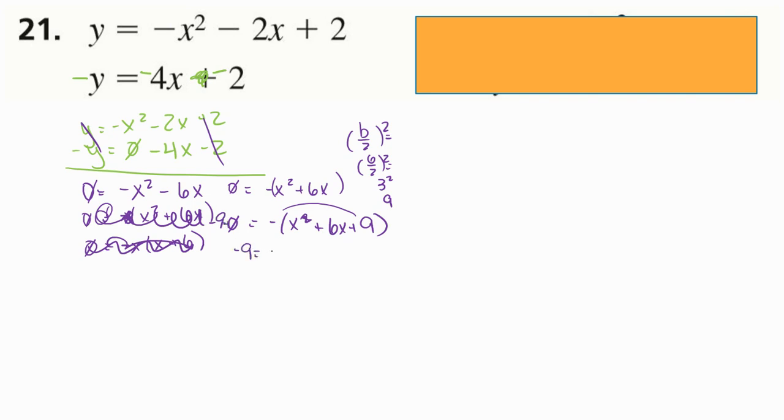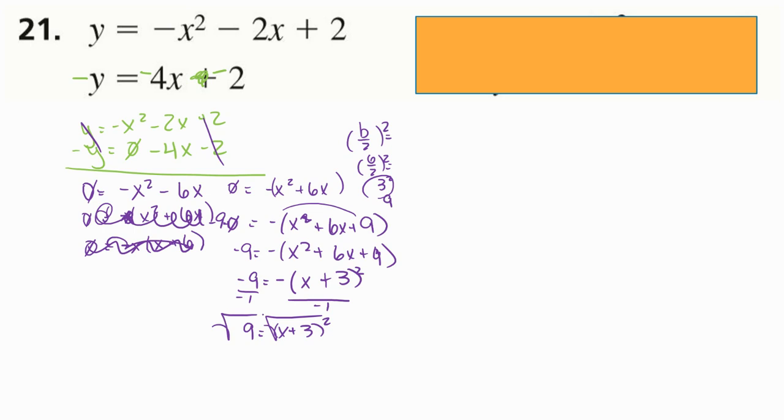So negative 9 equals negative x squared plus 6x plus 9. Negative 9 equals negative x plus 3 squared. So I'm going to divide by negative 1 to start with. 9 equals x plus 3 squared.